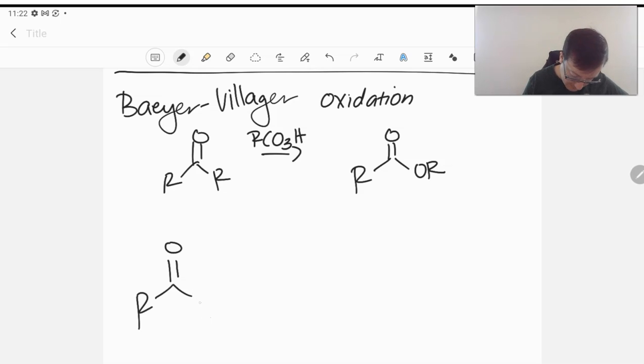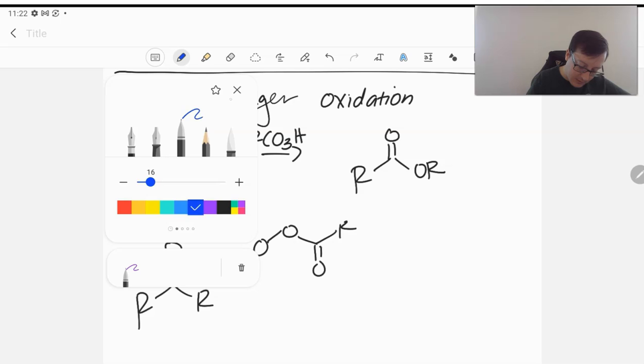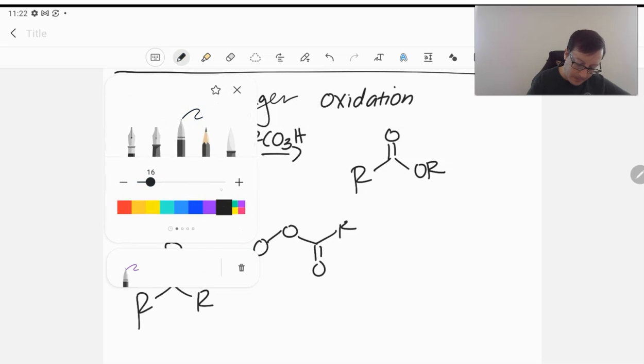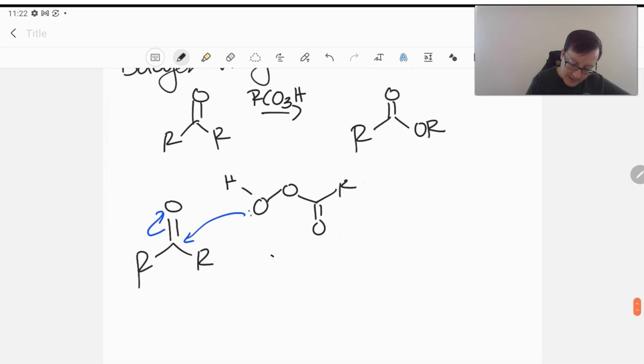So for ketones specifically, we can take a look at the peroxy acid. We're going to have that oxygen attack as a nucleophile, and we end up opening up our ketone. I'm going to draw this one, if you'll allow me.